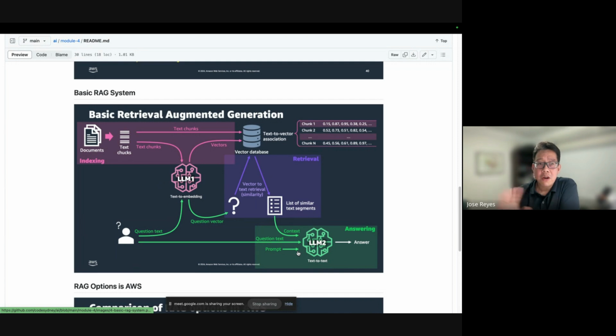Before you can talk to your RAG system, you have to do the ingestion part, the indexing.